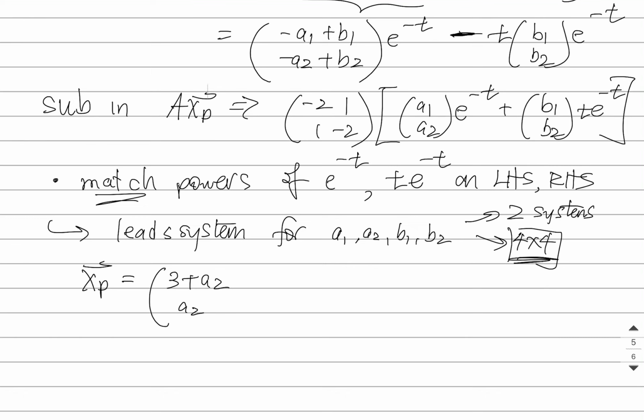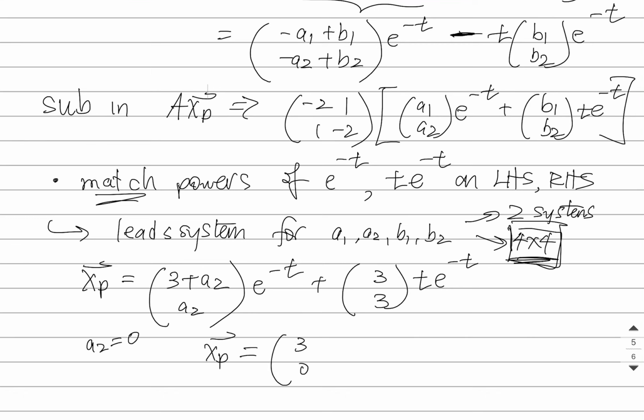A2 will be free. That'll be e to the minus t. And B will be 3 t e to the minus t. Once you go through, you can select A2 is 0, and you can find that the most straightforward form of the particular solution will look something like this.